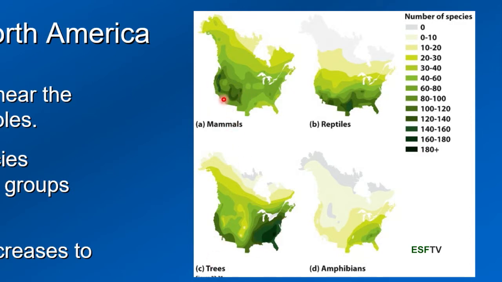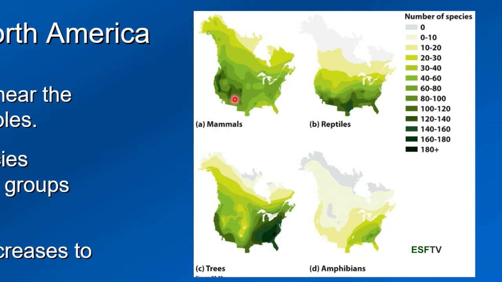Why? Well, look at the pattern of where the high diversity is. That is the darkened zones in mammals on the west side. And if you know anything about your geography, you know that this is the Sierra Nevada in California, and this is the Rocky Mountains through a variety of different states and even up into Canada. That's probably driving it, okay?